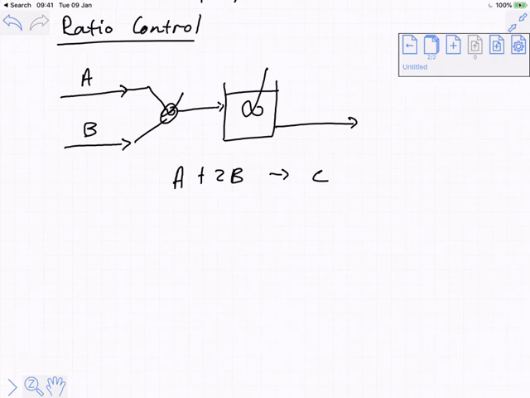Now there's a little bit of obviously subtlety here because reactions happen in molar ratios. So the stoichiometry is specified in molar ratios, but it's a lot easier to measure volumetric flow rates than to measure molar flow rates, and so quite often there's a couple of conversion factors that you have to take into account.